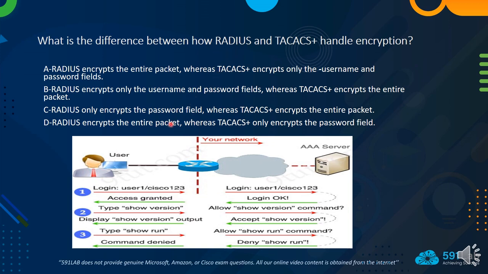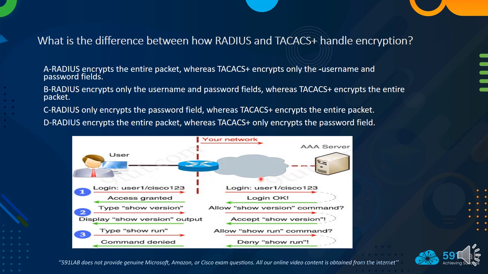The question is asking, if a user is trying to authenticate with a server, how will we encrypt the traffic if we use RADIUS or TACACS+? For example, the user is logging in with username cisco1 and password cisco123.